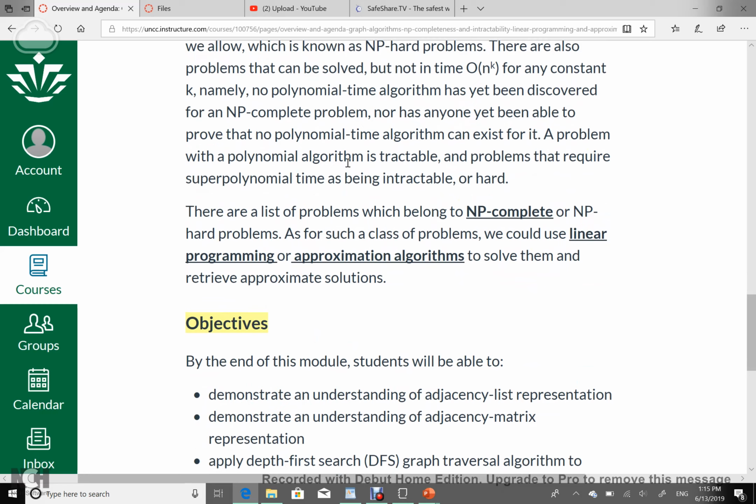A problem with a polynomial algorithm is tractable, and problems that require super-polynomial time are considered intractable or hard. There is a list of problems that belong to the NP-complete and NP-hard classes. For such a class of problems, we could use linear programming or approximation algorithms to solve them and retrieve an approximate solution. In that case, we cannot get the optimal solution, but we can get a solution very close to optimal.